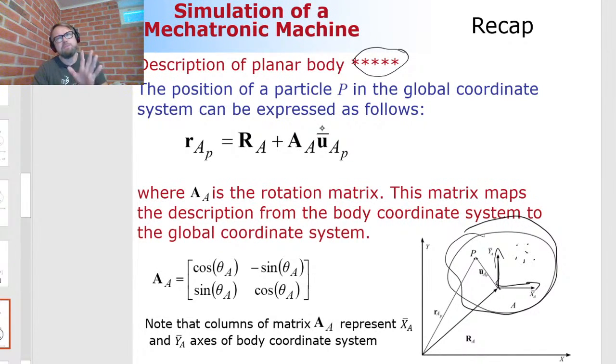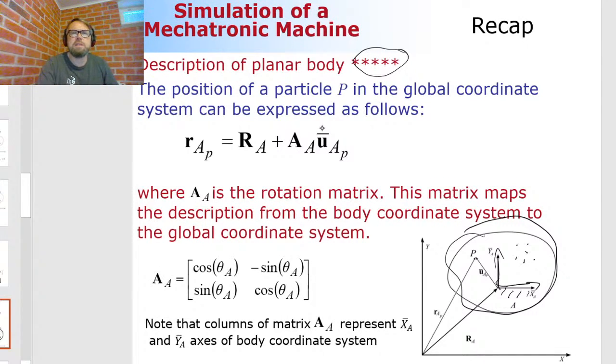Now, if the potato-shaped body decides to go up, the body reference coordinate system will follow the body. It's always attached to this particular location. If it goes left, the body reference coordinate system will do the same. If the body rotates, the body reference coordinate system will do the same. With the help of this body reference coordinate system, we can describe all the particles that make up this body.